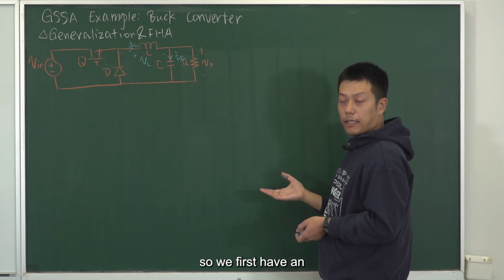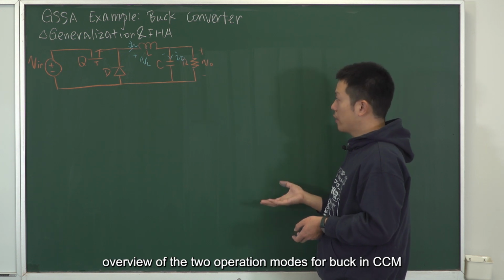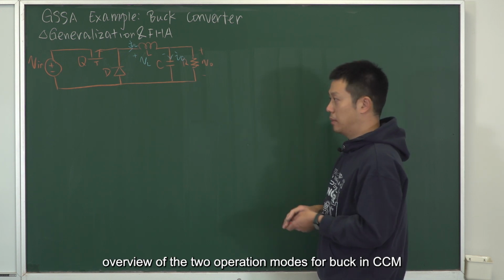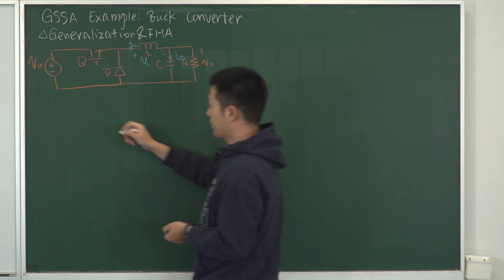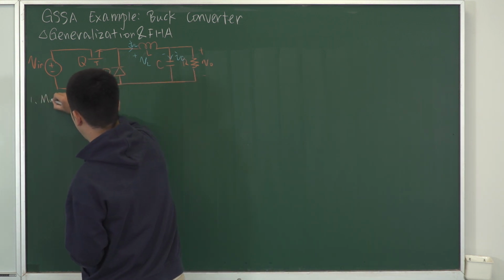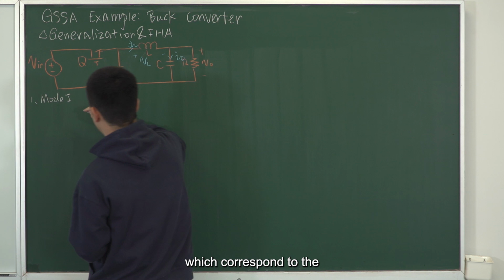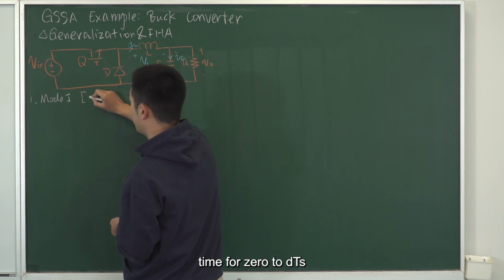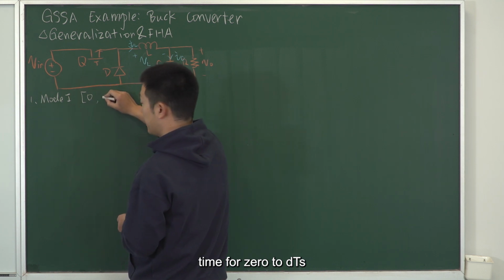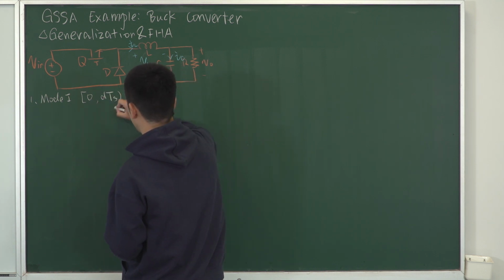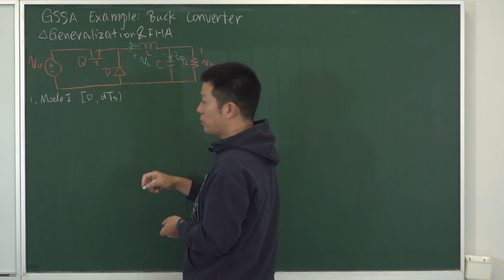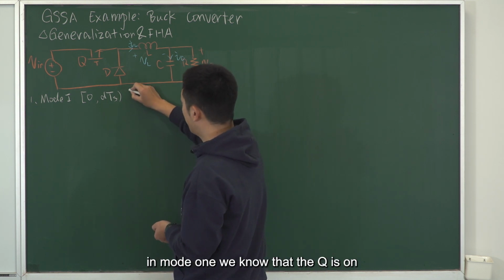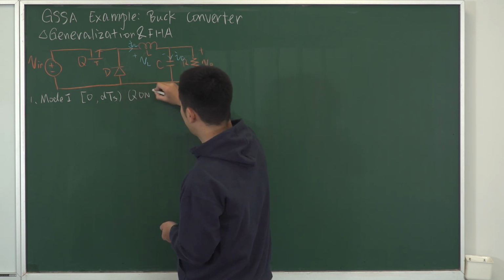So we first have an overview of the two operation modes for buck in CCM. They are mode 1, which corresponds to the time from 0 to DTS. In mode 1, we know that Q is on, D is off.